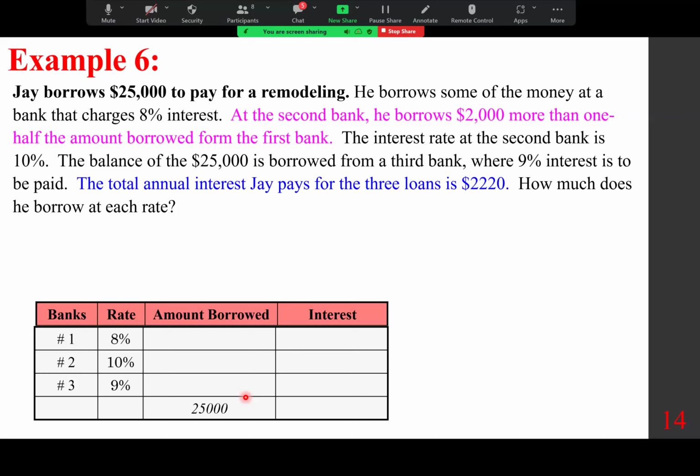So how much? Let's say X, Y, Z. X from the first one at 8%. Y from the second one at 10%. Z from the third one at 9%.